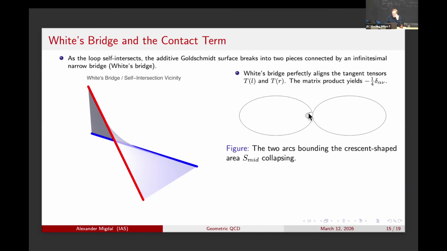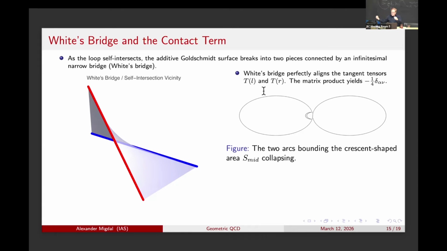Now, White claimed that there is a solution which moves it. And that means that my two T mu nu tensors would live, in principle, in different places of the surface, because if there is a surface which is curved like crazy, then one T was here, another here, and there was this little bulging part.